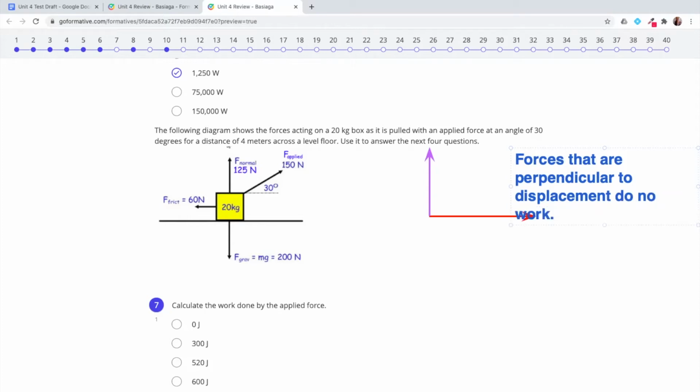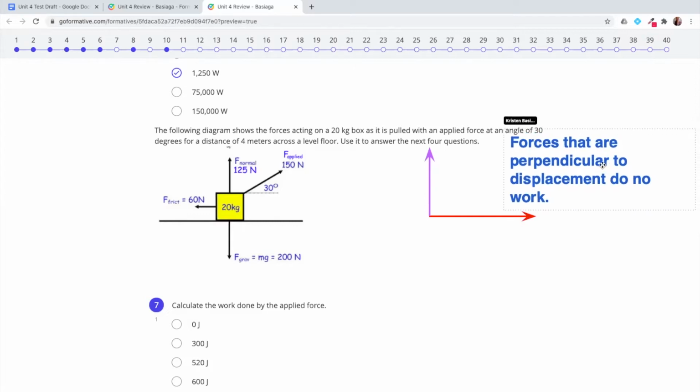So gravity and normal don't speed this object up and they don't slow it down because they're directed perpendicularly to the direction that the object moved. If my angle were acute instead, it would do positive work. Any angle from 0 to 89 degrees would do positive work because the x component of this vector, the amount of the applied force that's in the direction of motion, actually helps speed it up.